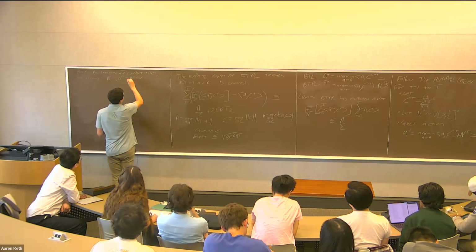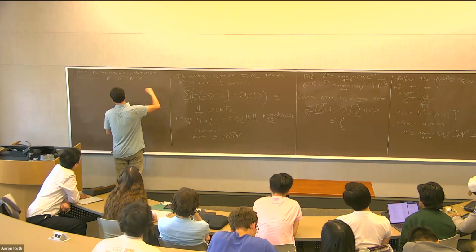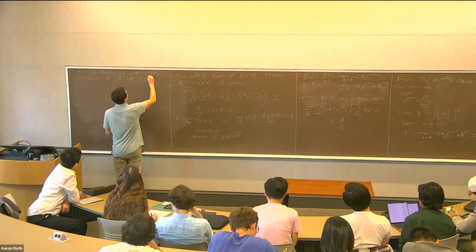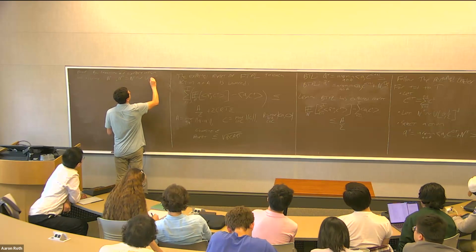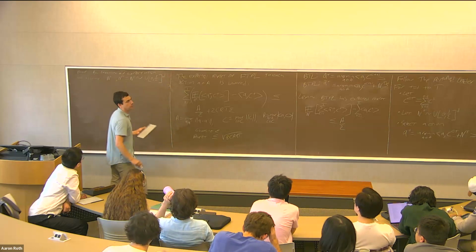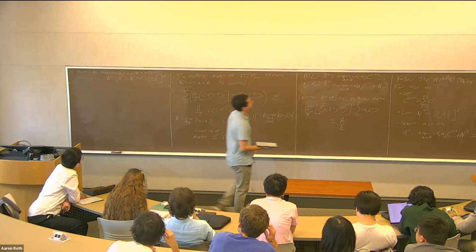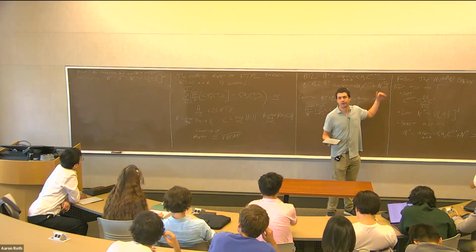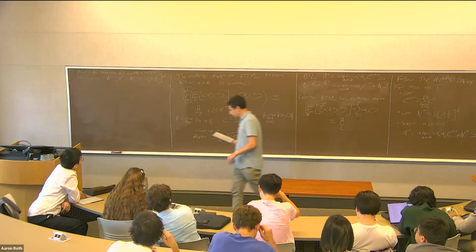This single random variable is still distributed as before. It's still a vector of length d in which each coordinate is uniform between 0 and 1 over epsilon. But now we've coupled the noise at each round. So the noise is all the same.